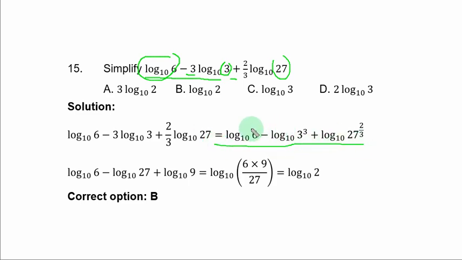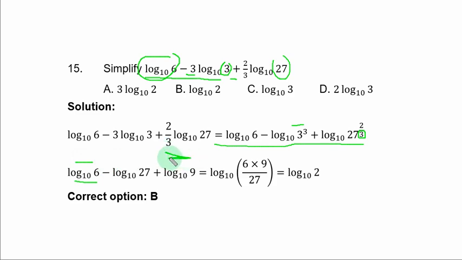All right, so you have log 6 base 10 remains the same. Now 3 cubed is 27, so you have log 27 base 10. Now if you come here, the power of 1 over 3 means cube root, so cube root of 27 is 3, and 3 squared is 9. So we can apply the law of addition by taking this and this.